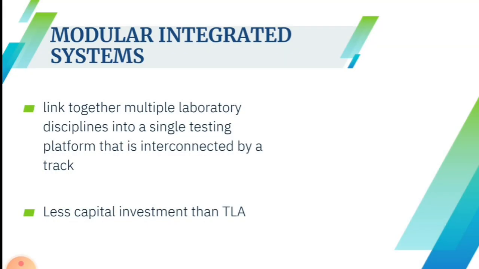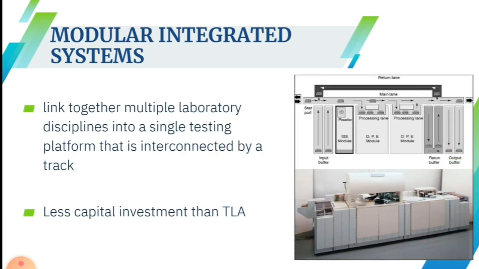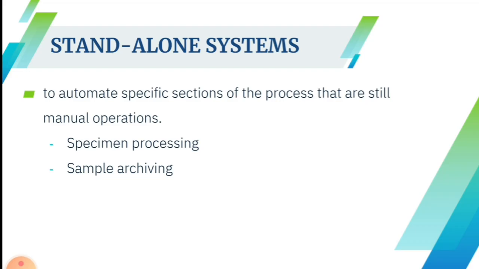Next, we have our modular integrated systems. This one links together multiple laboratory disciplines into a single testing platform that is interconnected by a track. When compared to total laboratory automation, you are going to need less capital investment. Lastly, we have the standalone system.